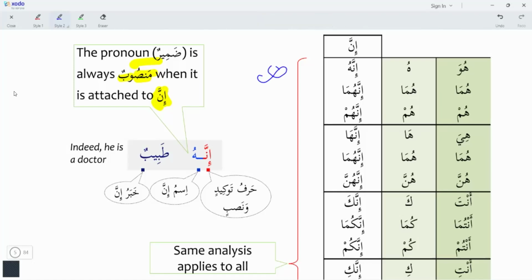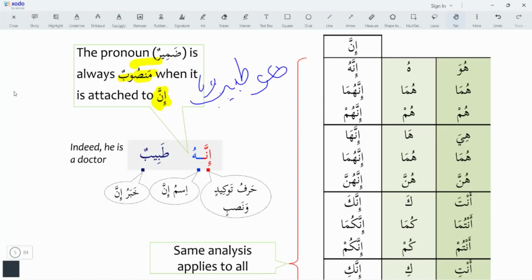Huwa tabibun. He is a doctor. And when we use the attached pronoun of huwa, which is hu, it becomes innahu.